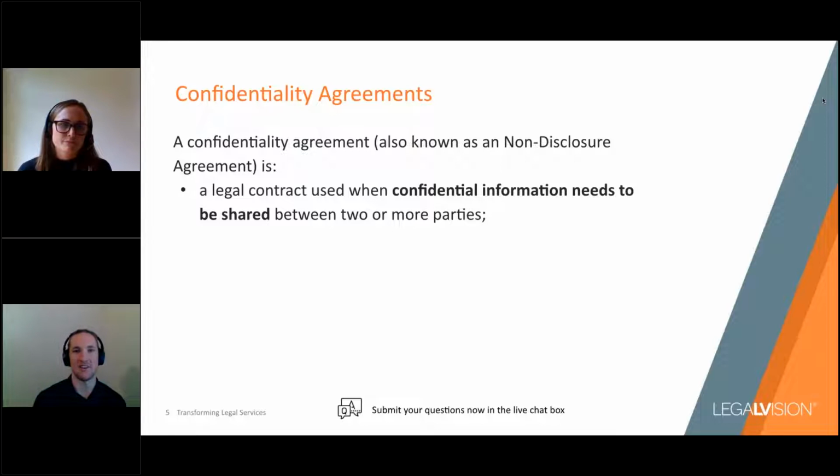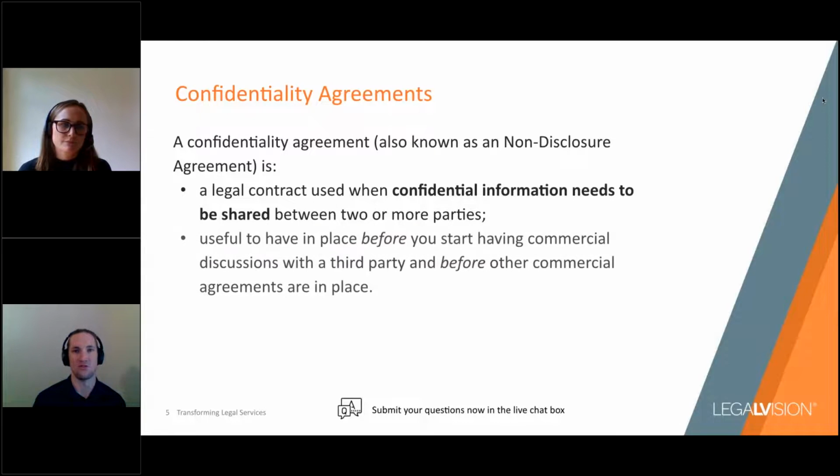You might not necessarily have all of your commercial terms sorted out. If you're running an app, you might not really know how the app is going to work at that stage. Or, if you're supplying goods, you might not exactly know what the specifications for those goods are at that stage. But you also might need to start contacting third parties.